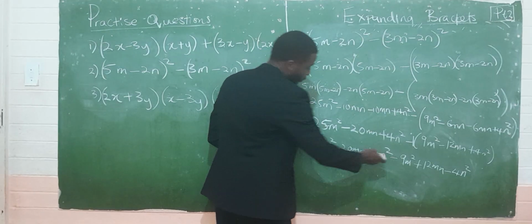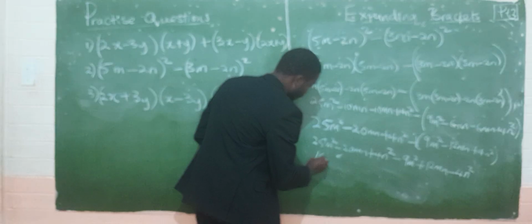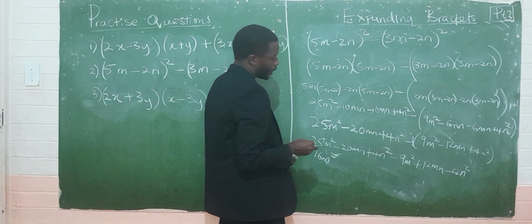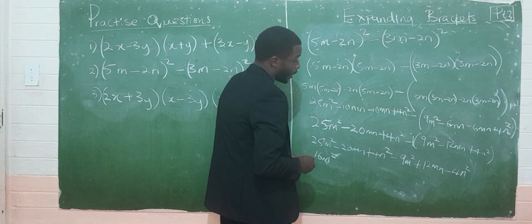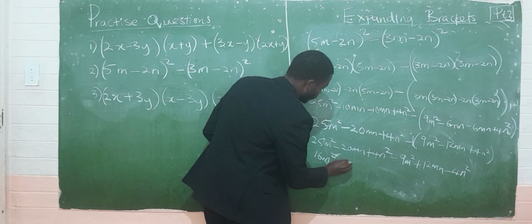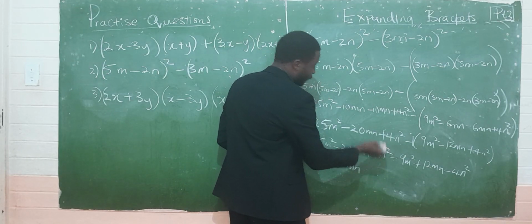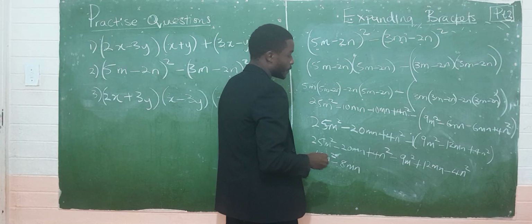25m squared minus 9m squared is going to be 16m squared. Negative 20mn plus 12mn is going to be negative 8mn. And of course, 4n squared minus 4n squared is 0.